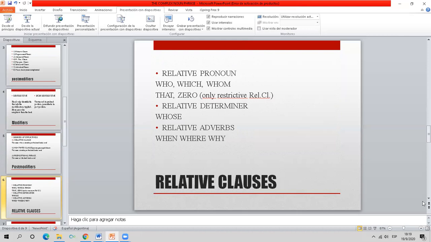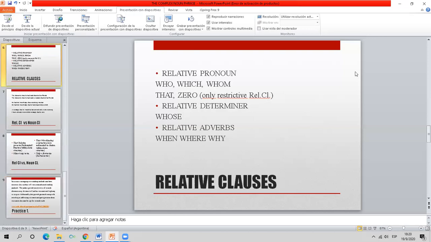We may have a relative determiner, only one, whose, and we may find relative adverbs: when, where, and why. And before going on, I would just like you to think about whom. Whom is not so common as the others.